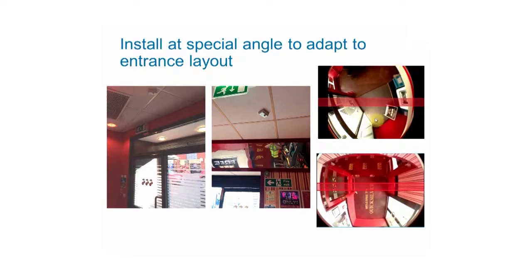If we had mounted it parallel, then people would probably be walking parallel along the counting line. So instead the camera is mounted that way, so that people coming in will break the lines at a relatively 90 degree angle.